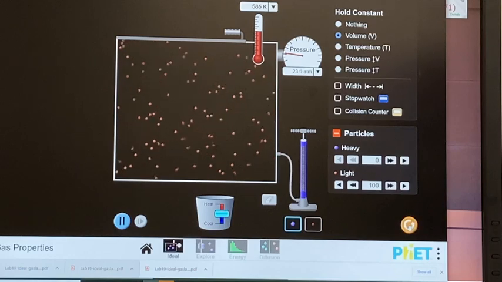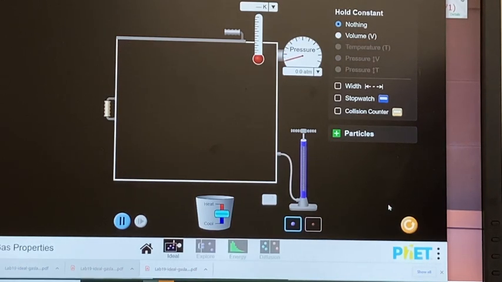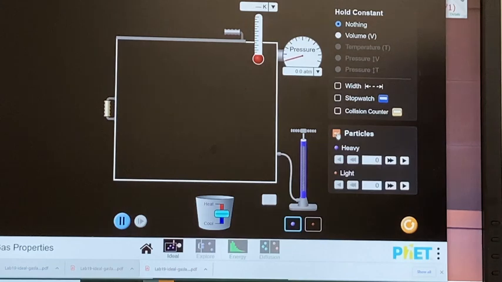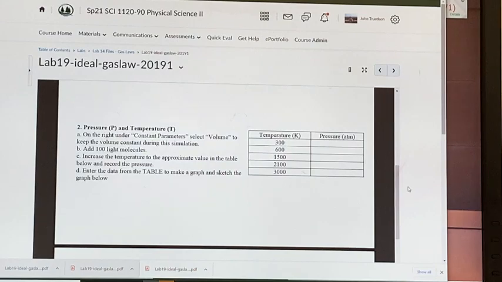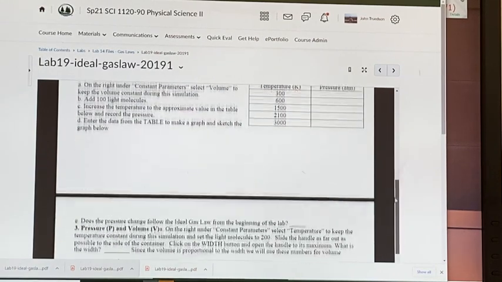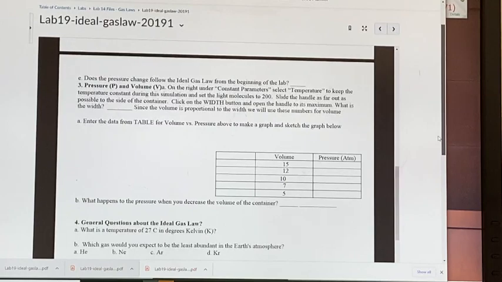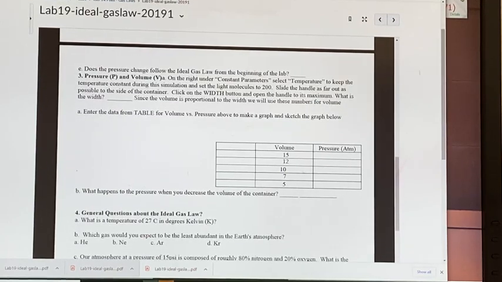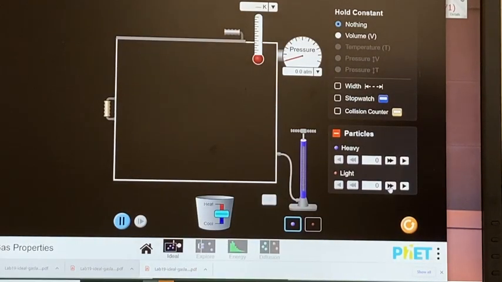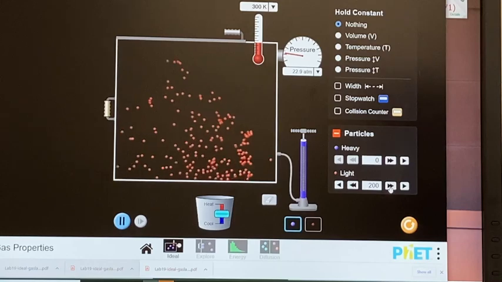And the final part of the lab will be pressure, select temperature constant. So what we're going to do is go to here, add 100, 200 light molecules, I believe.